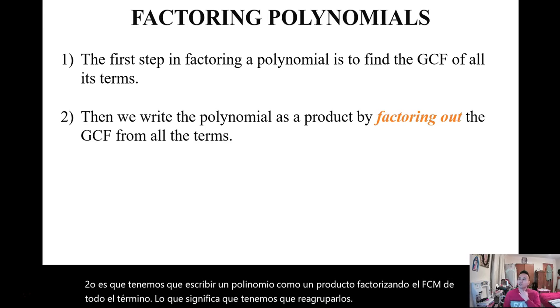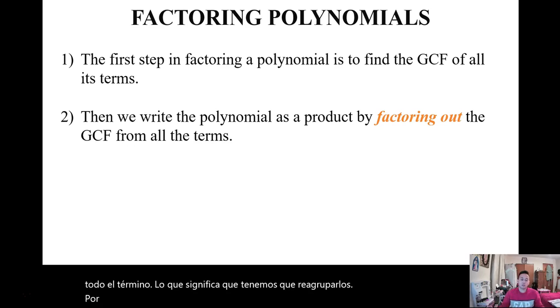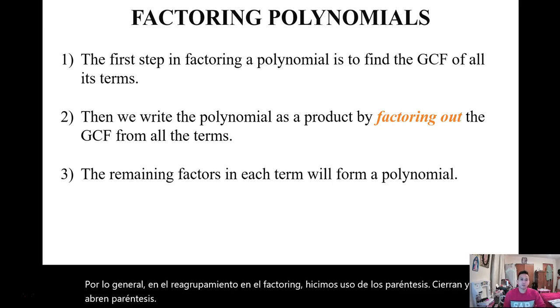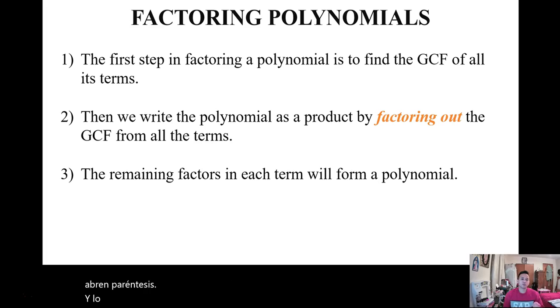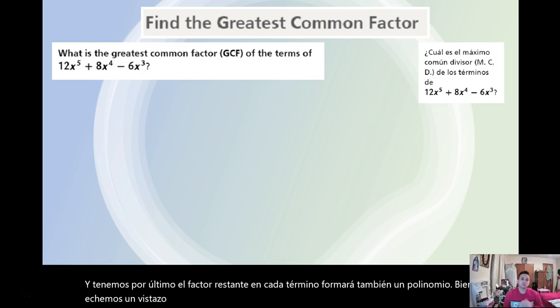Usually in regrouping, in factoring, we make use of parentheses, the open and close parentheses. And lastly, the remaining factor in each term will form a polynomial. So let's take a look at this first example.